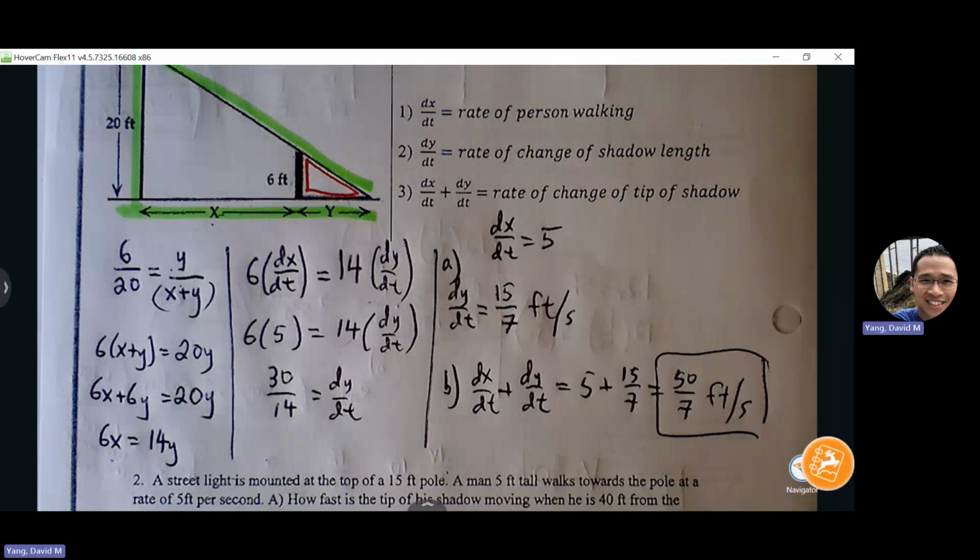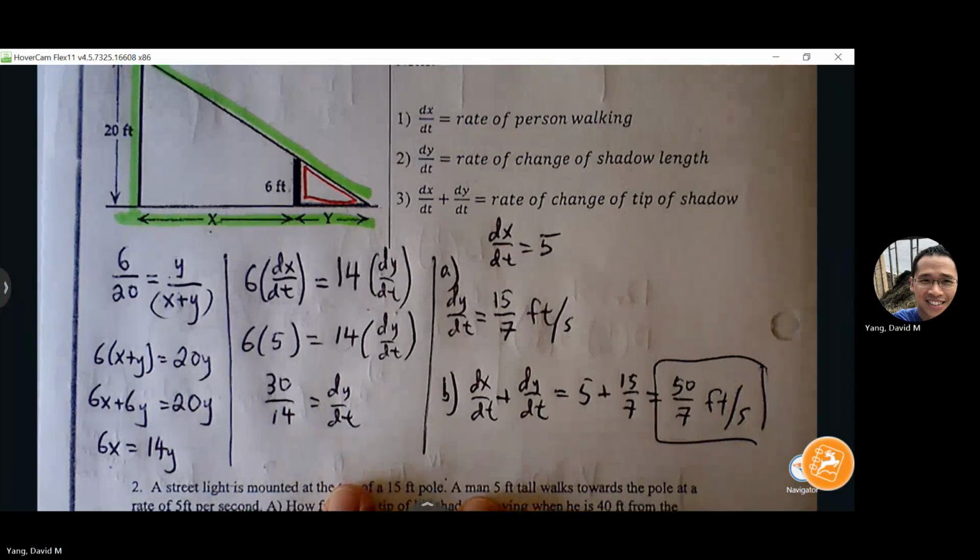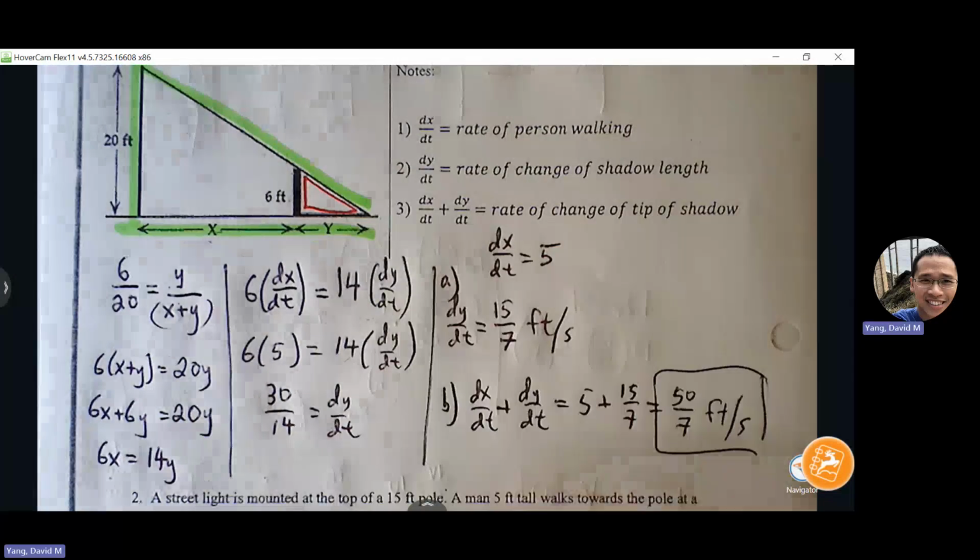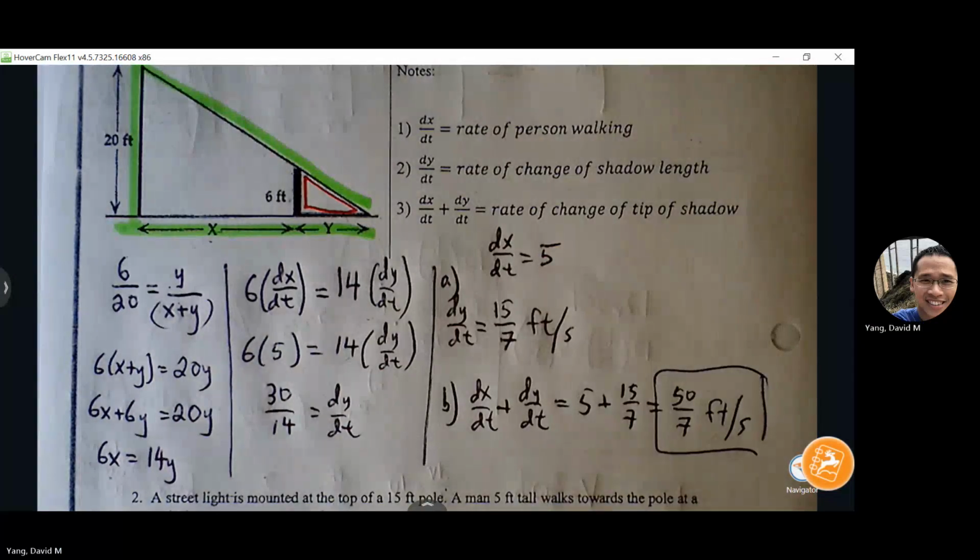How is a feet per second? Oh, per minute. Sorry, thank you. Or feet per minute.